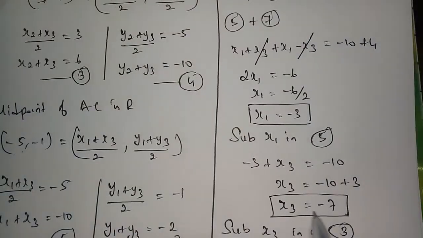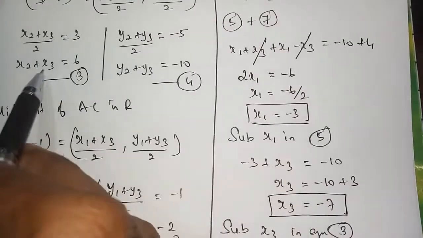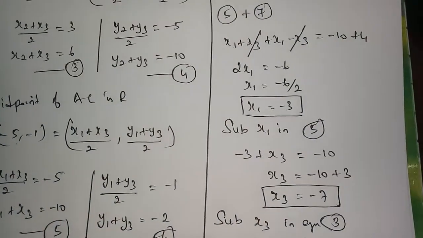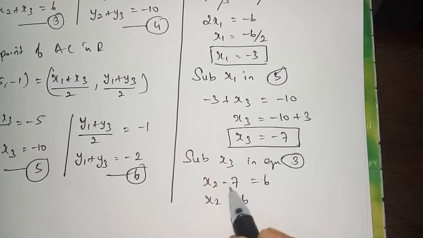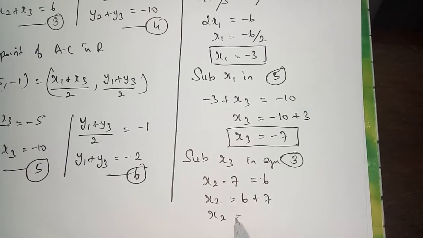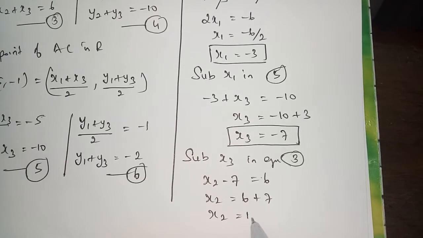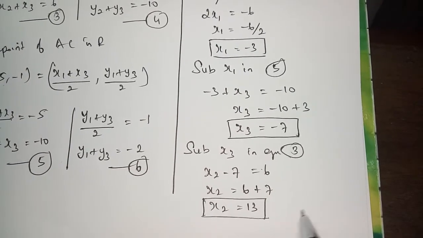Instead of plus x3, what is there? Minus 7. That is equal to 6. So what we have is x2 is equal to 6. Minus 7 will come here, will become plus 7. So x2 is equal to 6 plus 7, how much? 13. So our x2 value is 13.